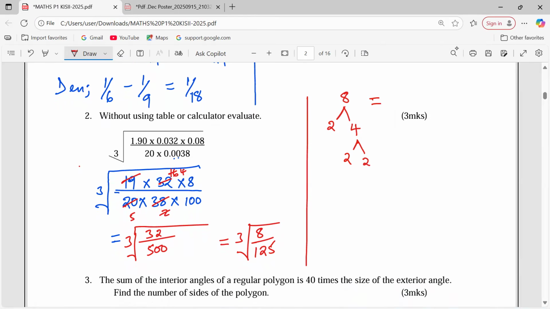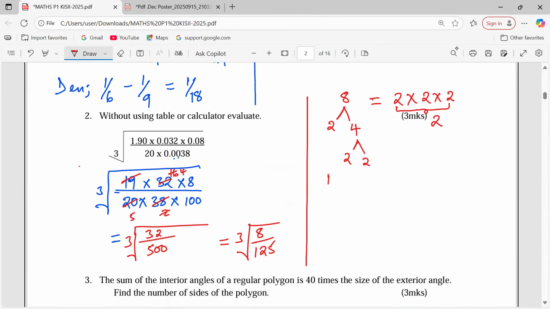So 8 equals 2 times 2 times 2. To find the third root, or rather the cube root, out of every combination of 3 common factors, we pick only 1. So from all these 3 2's, we pick only 1. So the third root of 8 is 2.